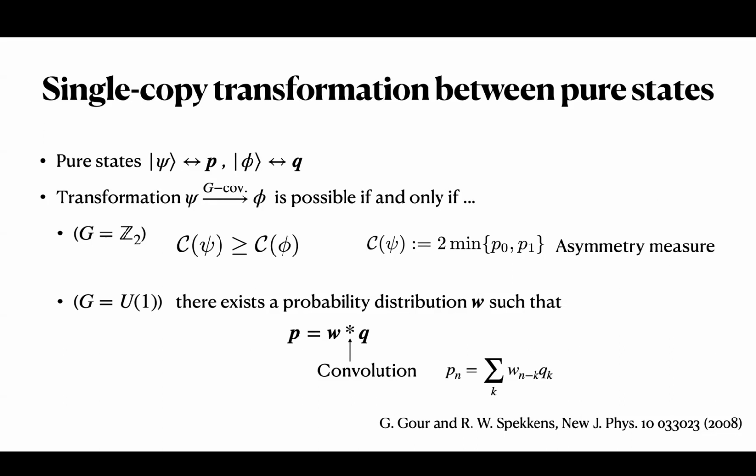Then it is known that transformation from psi to phi by G-covariant operation is possible if and only if, for G equals Z2, this asymmetry measure is non-increasing. And also for the U(1) case, a necessary and sufficient condition is known: there is a probability distribution W such that p is the convolution of W and q.